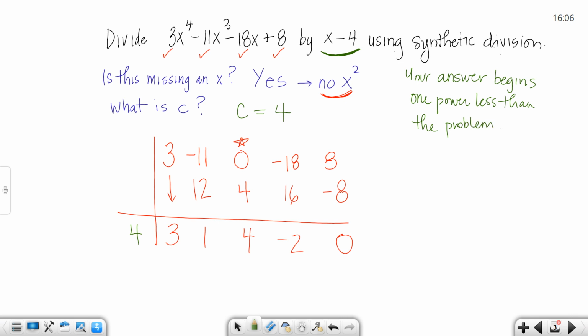So if you look back at the top, my problem was x to the 4th. So this piece right here is going to start with x to the 3rd. So it would be 3x to the 3rd plus 1x to the 2nd plus 4x minus 2, and this guy on the back is considered the remainder. Of course, if your remainder is 0, you don't have to put it, but that's where that comes into play.